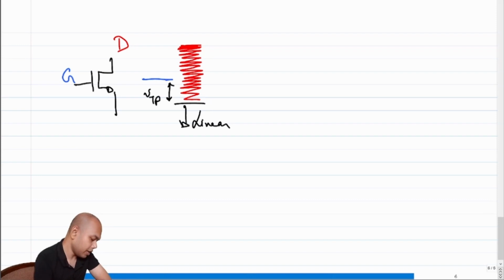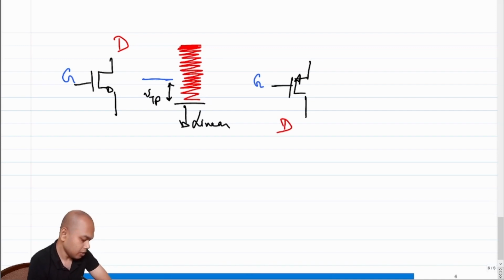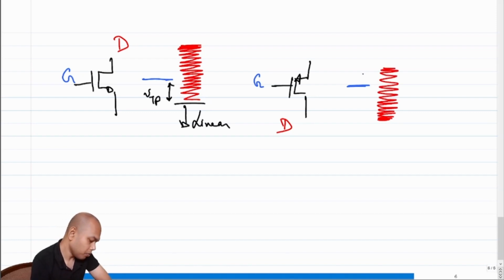For a PMOS, this is again gate, this is drain. Again, let's say our gate voltage is the same as in the case of an NMOS, but the constraint here is that the drain voltage can start from a lower voltage than the gate and can go higher by 1 threshold voltage, mod of threshold voltage.